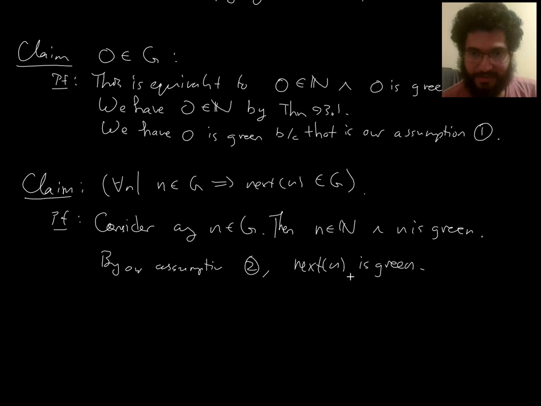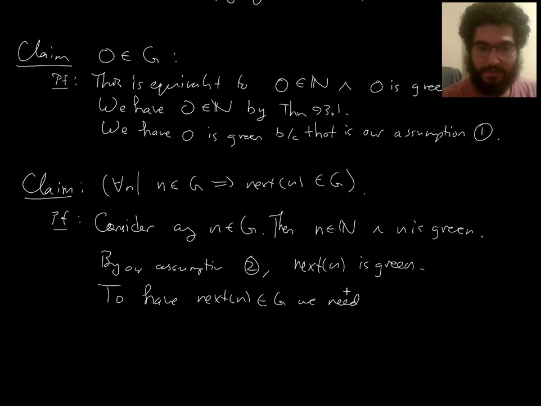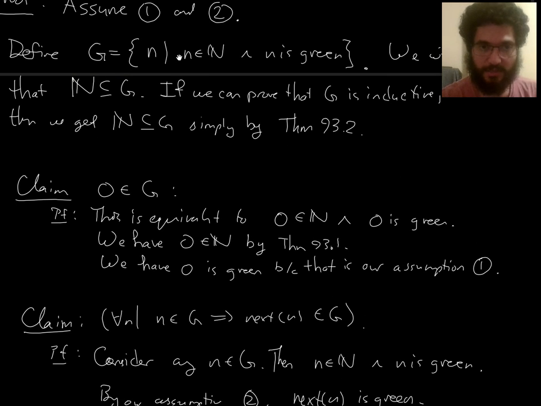Okay, now have I proven next n is in G? That's actually my goal, is to prove that it's in G. Well, for next n to be in G, we need, let's see, so going back to the definition of G, that's up here, we need basically this proposition here, this, to hold with n replaced by next n, right? So we need next n in the natural numbers, and next n is green.